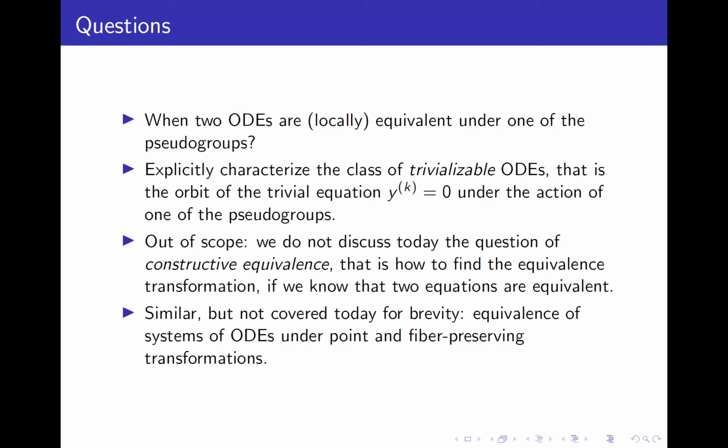We no longer have a contact transformation there. Well, we do have, but due to the Lie-Bäcklund theorem, they reduce to point transformations immediately. So we may still discuss equivalence of systems of ODEs under point and fiber preserving transformations. That can potentially be done, but that will not be presented in the talk today.